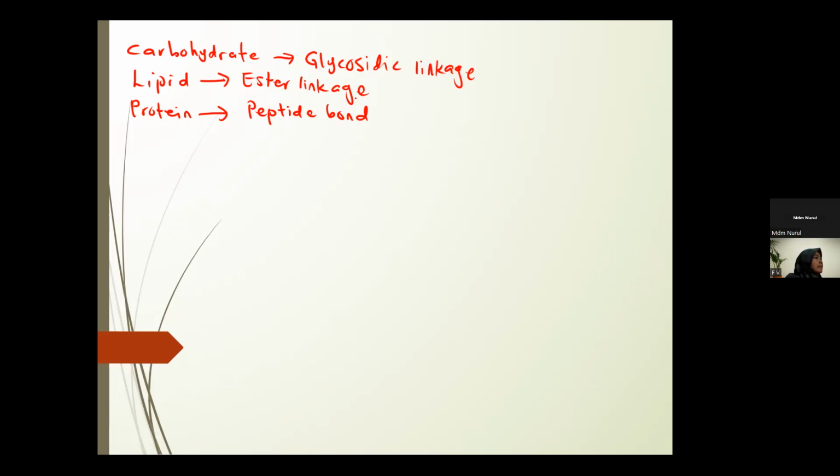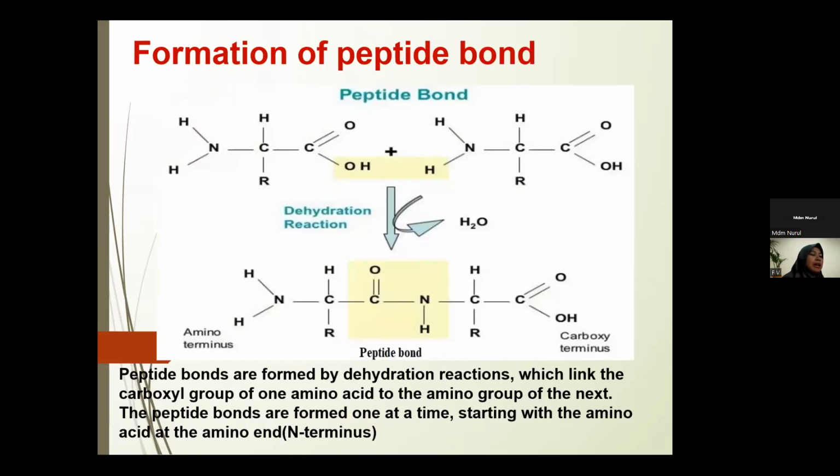Okay, done? Alright. Okay, formation of peptide bond. So remember, peptide bond is a bond that join one amino acid to another amino acid, to another amino acid, and becoming a long polypeptide. Alright, so now how peptide bond is formed? Macam mana peptide bond terbentuk?